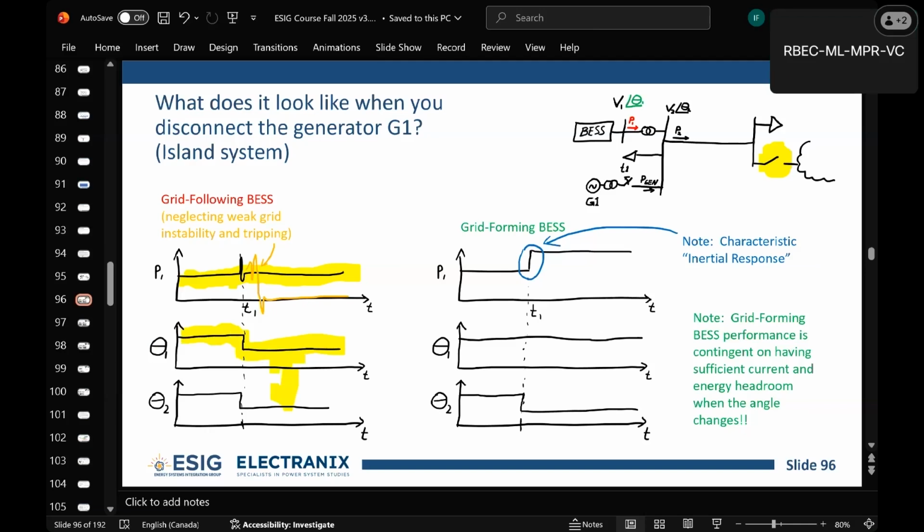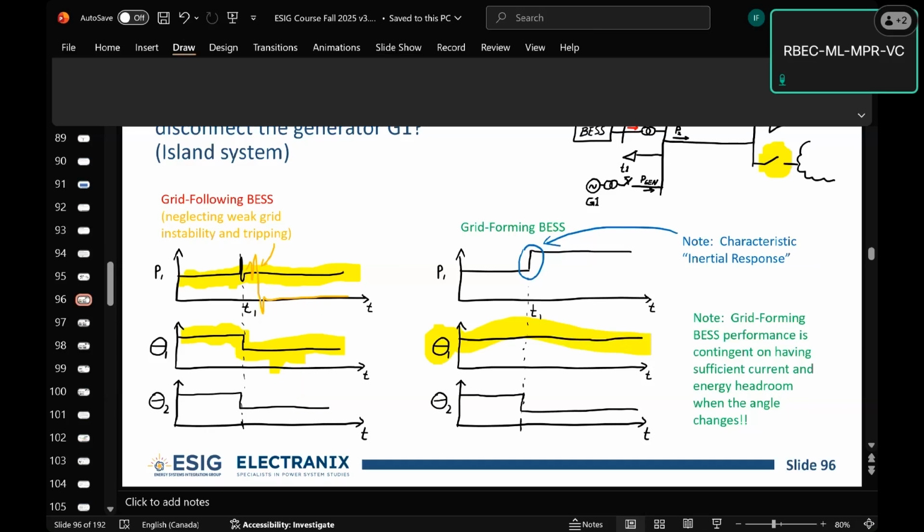Okay, so grid forming, what are we going to do? Now we're going to hold theta 1 constant down here. That is easy to do. That's not controlling anything. That's just not doing anything with your phase angle. And so it just stays constant. And what will happen now is we get a difference. The theta before and the theta after is now different. And what does that mean from our power equation?